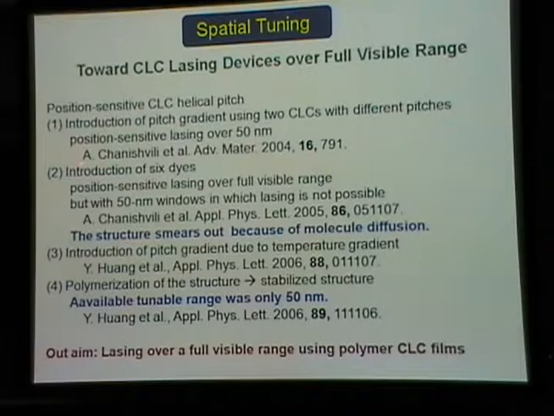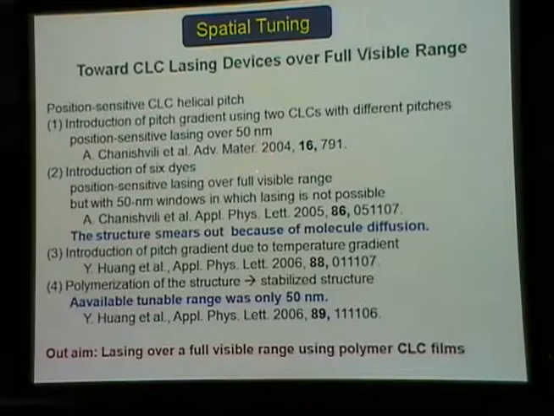The first, Chanishvili et al., reported the introduction of a pitch gradient using two cholesteric liquid crystals with different pitches, then position sensitive lasing occurs over 50 nanometers. But the tunable range is still 50 nanometers.